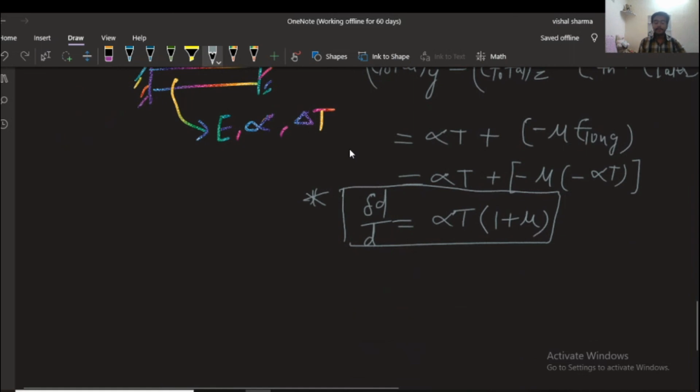In the case of the prismatic beam, the formula can be directly used for the thermal stresses.